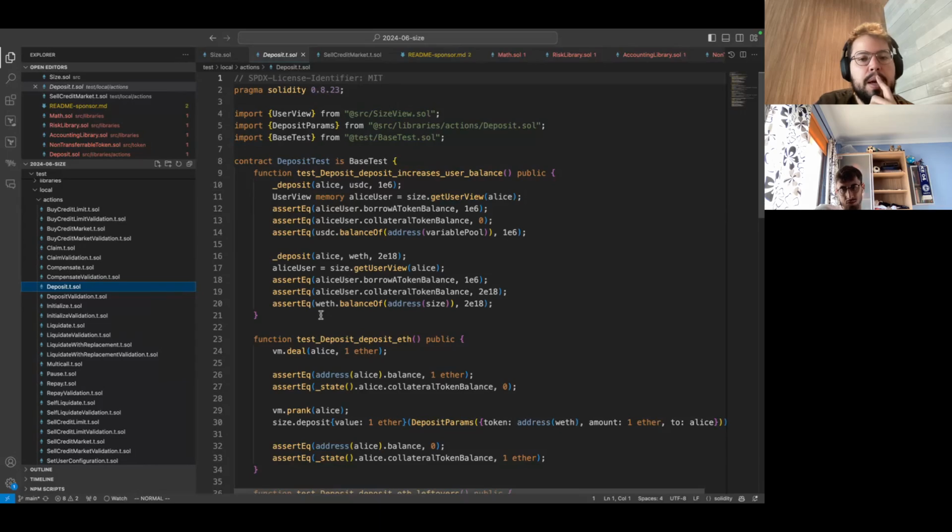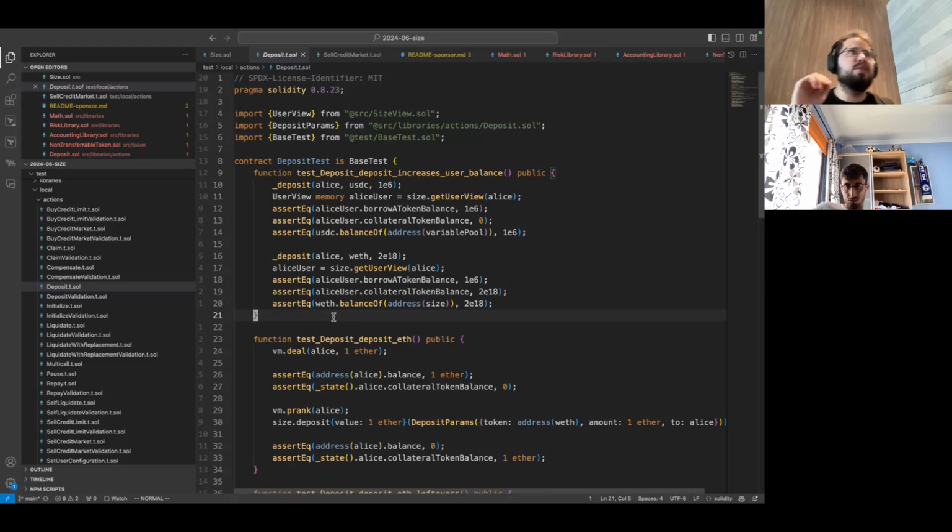That's a good thing. The bad thing is that sometimes you have scenarios that are dependent on all these actions, especially complex scenarios, like maybe the user deposits, then they withdraw, then they supply cash, then they do a bunch of weird things, and you're trying to validate maybe some security bug.